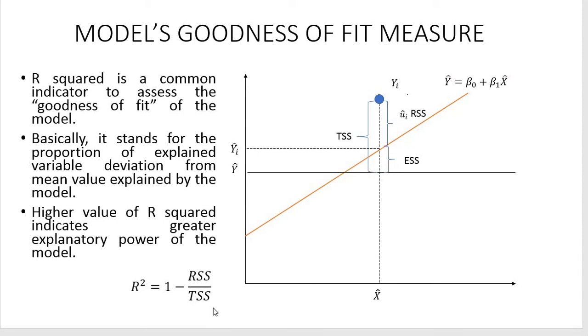So this formula can be rewritten as follows: 1 minus RSS over TSS stands for the proportion of variation which is explained by the model, because you subtract the proportion which is not explained from 1. So the bigger value of R-squared corresponds to the bigger explanatory power of the model.